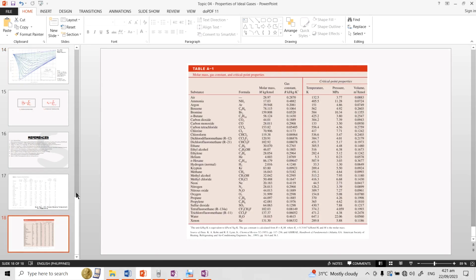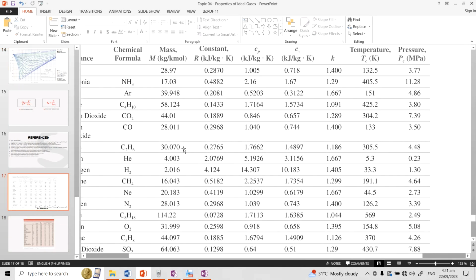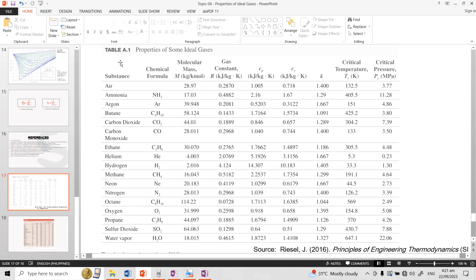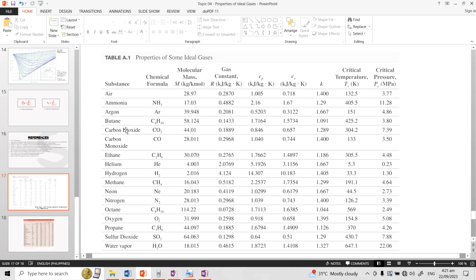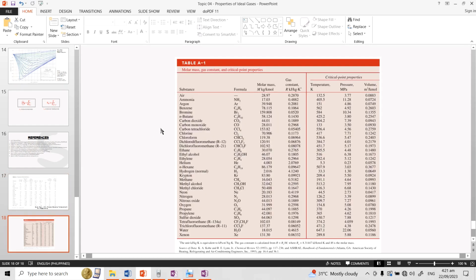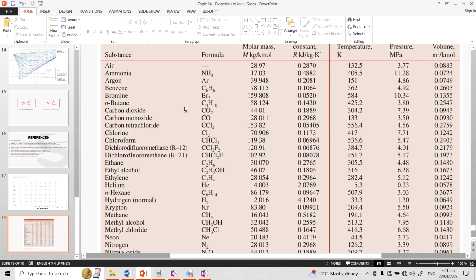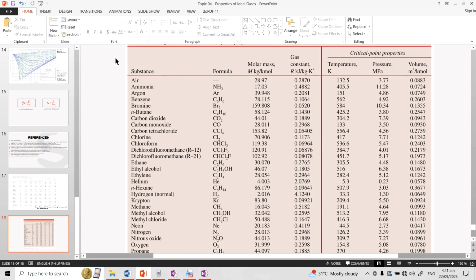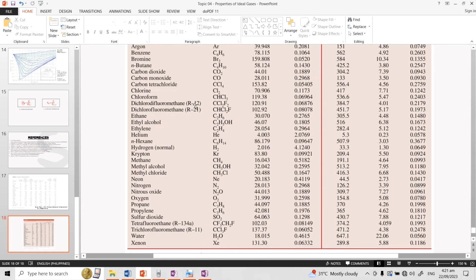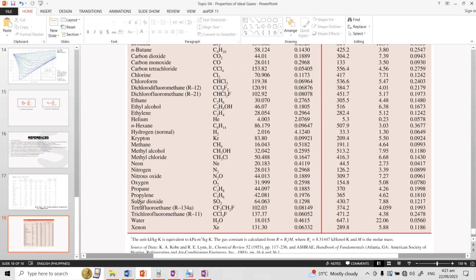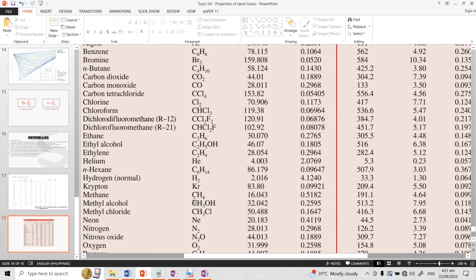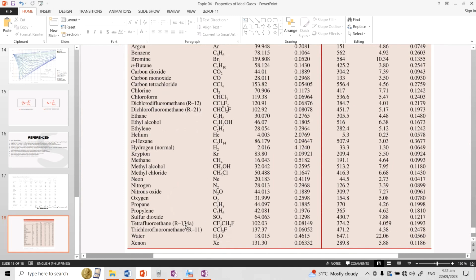Here the R134A is not actually available in the first table, so that's why we have to include this one. The first column is for the substance. Here we have R12, R21, and here is our R134A.